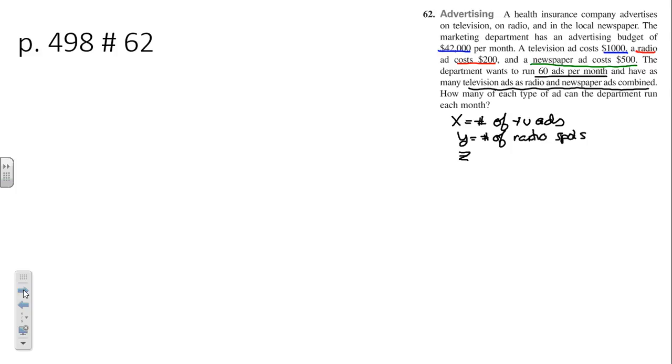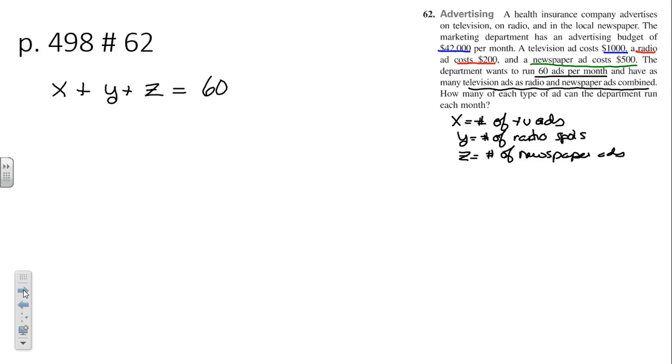And Z is our number of newspaper ads. So how many ads are they wanting to have in a month? 60. Number of newspaper plus number of radio plus number of TV is 60.